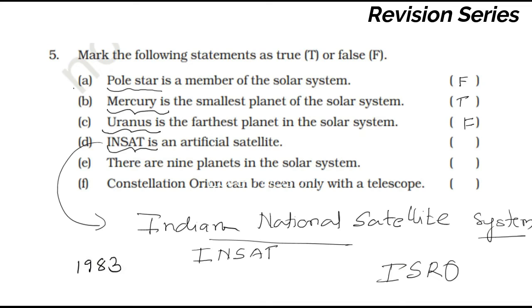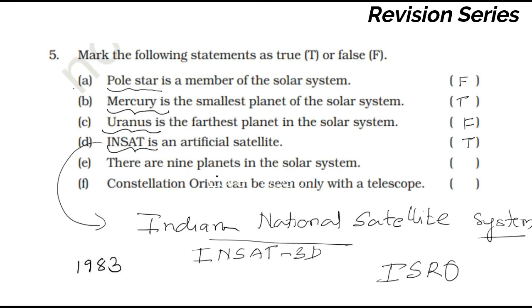And INSAT is the largest domestic communication system in the Asia Pacific region. Right? So the D statement, INSAT is an artificial satellite, is true. There is INSAT 3D, INSAT 2A, and so many satellites being launched. So it's a series of satellite system.